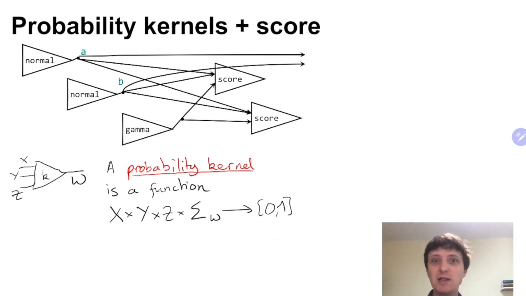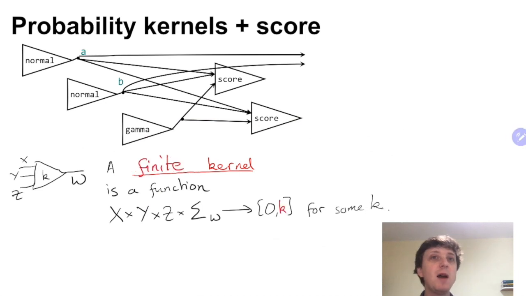Okay. And we do that by giving a semantics to a probabilistic programming language using S-finite kernels. So remember, normal distributions, inverse gamma distributions and so on are modelled as probability kernels that, given some parameters x, y, z, give us a probability measure on some space W. Let's just generalise that slightly to say that a finite kernel is allowed to sum to a little bit more than 1, but I want to have a finite bound k across all of the parameters of a finite kernel.